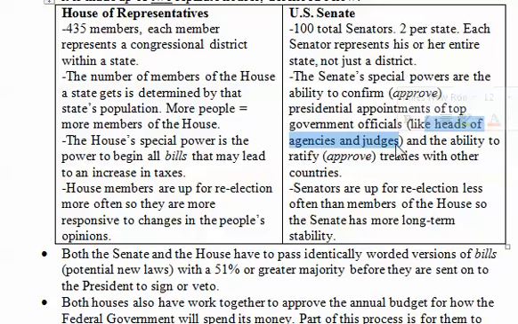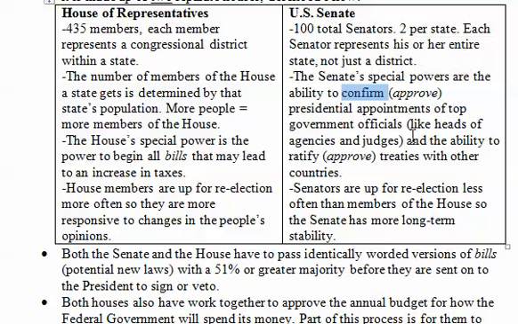But the Senate actually gets the ability to approve them or not approve them. This is called confirmation. So they could say, you know what, we understand, Mr. President, that you want this person to lead the FBI, but we're saying no. And then the president has to go back and find somebody else.